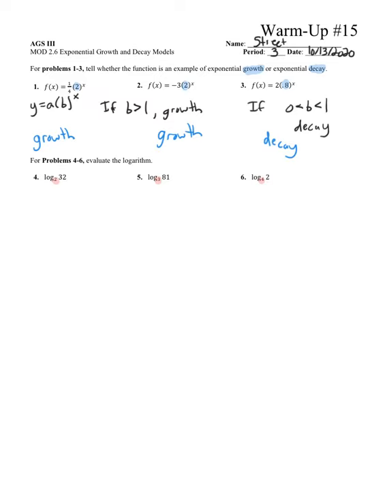For the next problems, I'm going to give you a little more time on them. But first, just a reminder, like the first one's like 2 to the question mark equals 32. So we've got to ask ourselves, okay, 2 to the first is 2, 2 to the second is 4, 2 to the third is 8, 2 to the fourth is 16, 2 to the fifth is 32.